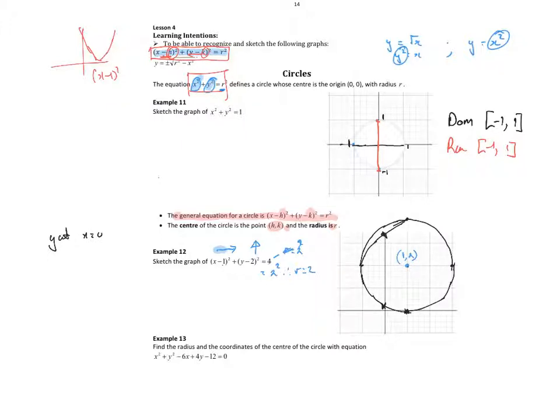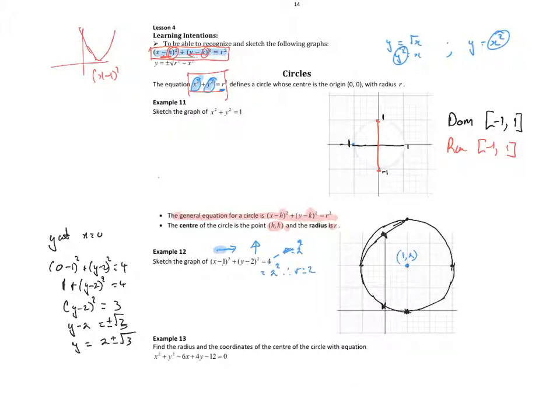If I put x equal to 0, I get 0 minus 1 all squared plus y minus 2 all squared equals 4. So I just get 1 plus y minus 2 all squared equals 4. Take the 1 across, it's equal to 3. Square root both sides, plus or minus the square root of 3. So y is equal to 2 plus or minus the square root of 3.